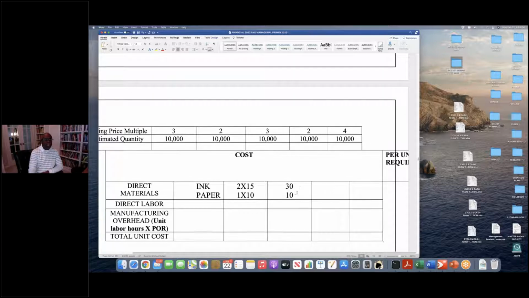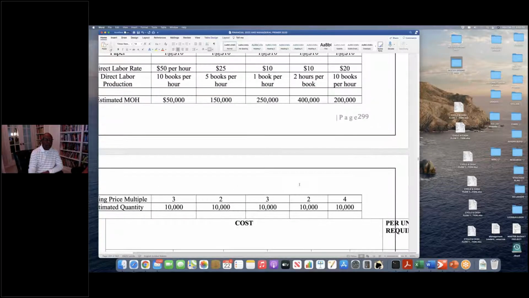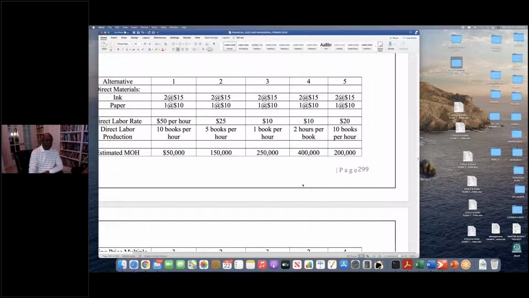Okay, what's the labor? Direct labor rate is $50 per hour. And then direct labor production is 10 books per hour. So you pay $50 for 10 books.